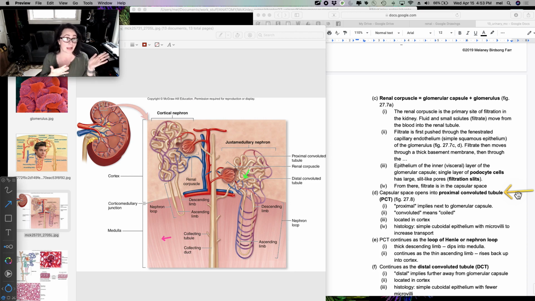Now, way back at the beginning of the semester, you learned that kidney tubules are made of simple cuboidal epithelium. You didn't have any idea what we were talking about, but we were talking about these tubes. The proximal convoluted tubule and the distal convoluted tubule are mostly made of simple cuboidal epithelium. I'll show you what that looks like.